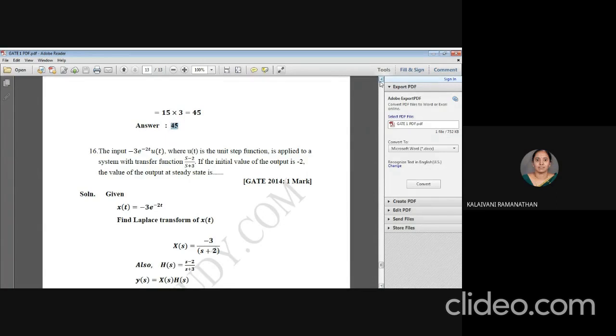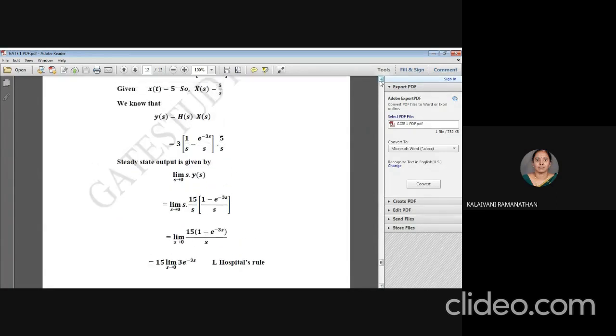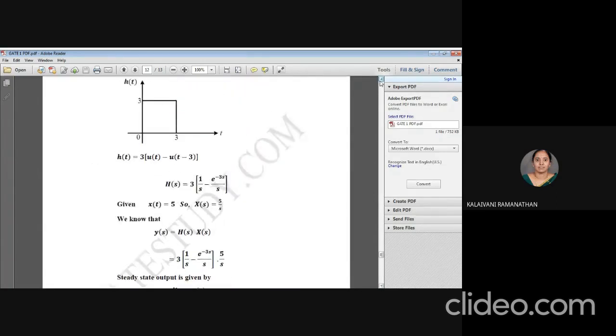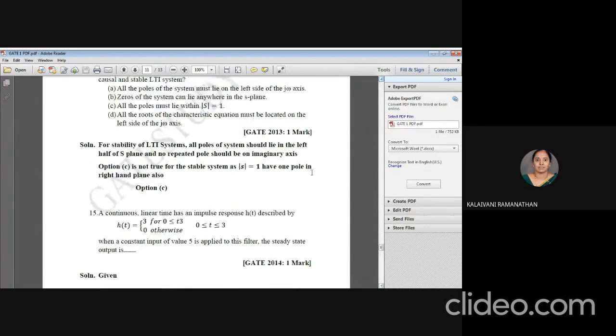So actually what we have done in this problem is, first you are provided with the impulse response h of t, and then it is noted that input 5 is applied to the filter. What is the steady state output? That is, you have to find your output at infinity. For that, you have to relate the input, output, and your impulse response.